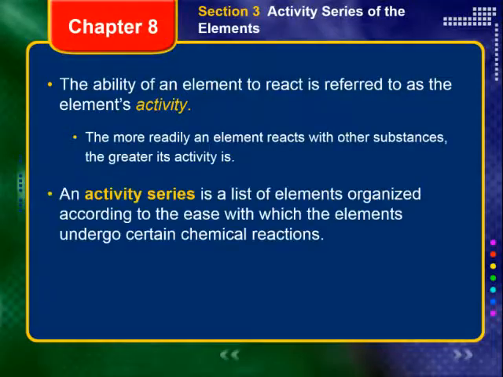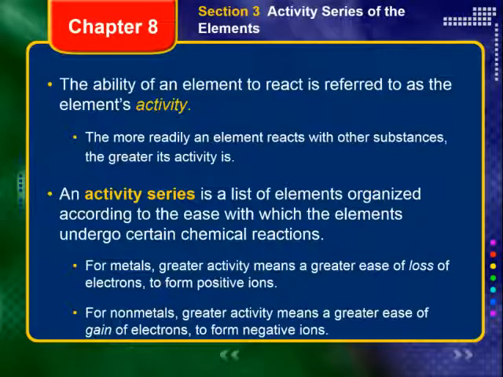So the ability of an element to react is referred to as the element's activity. The more readily an element reacts with other substances, the greater its activity is. So we don't necessarily say reactivity, we just say activity. An activity series is a list of elements organized according to the ease with which the elements undergo certain chemical reactions.